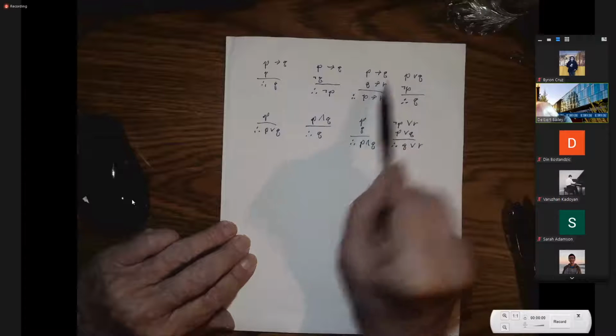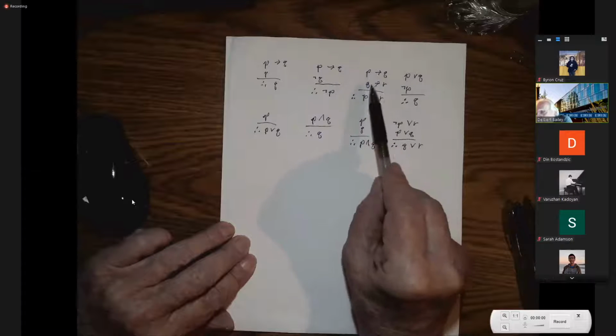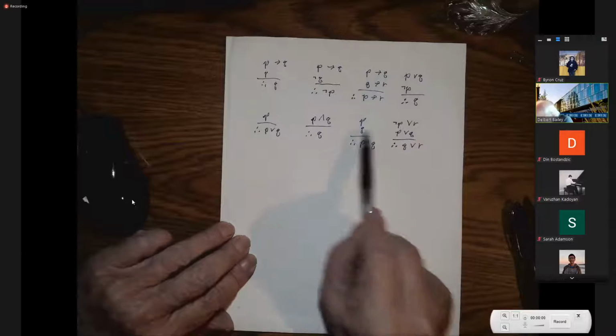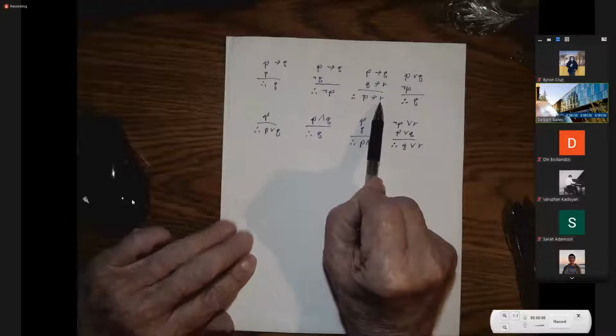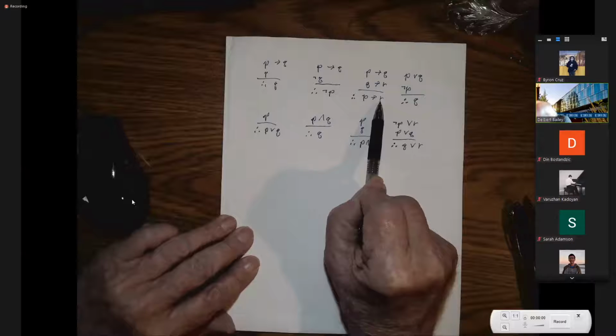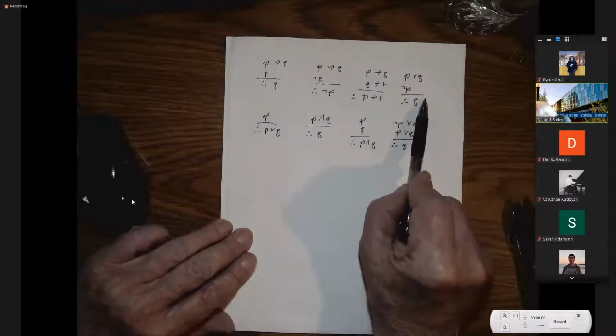Okay, if P implies Q and Q implies R, even with our special definition of what implies means, we will get the case that P then implies R. Okay, this one is certainly a valid argument.